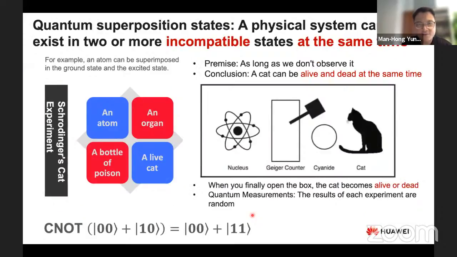I will just comment that the experiment of Schrödinger cat is very analogous to the idea of quantum operation. It's not exactly the same, but I would say it's quite close to what we know about the CNOT operation.